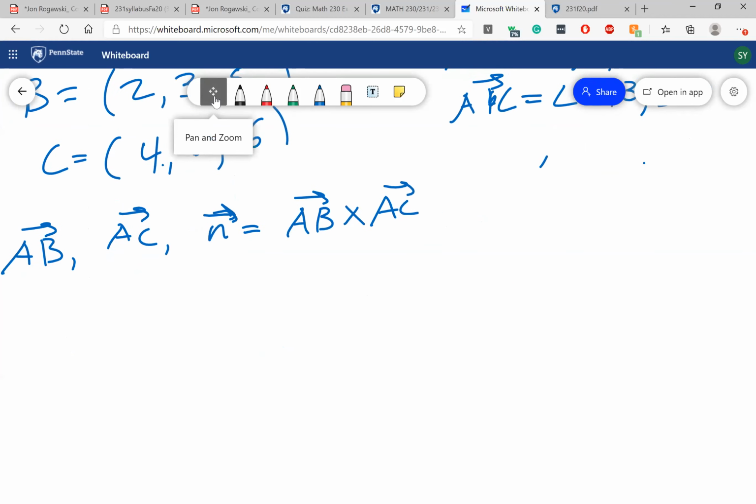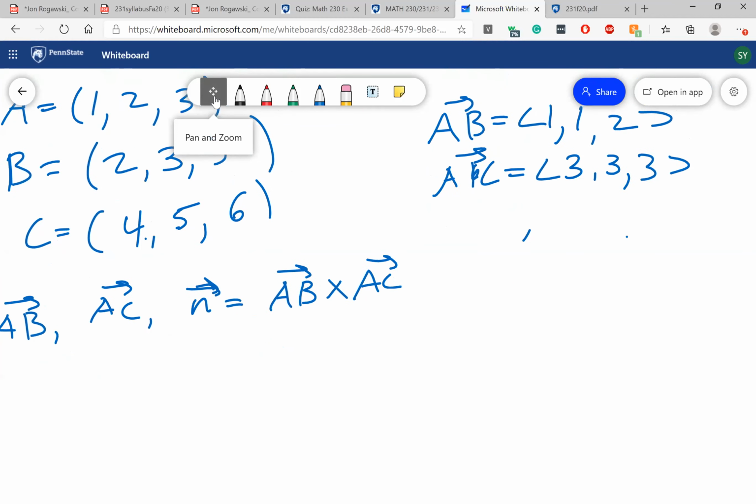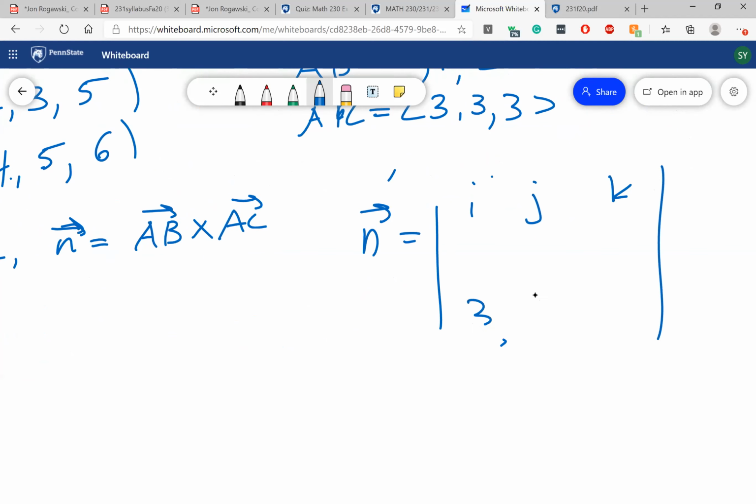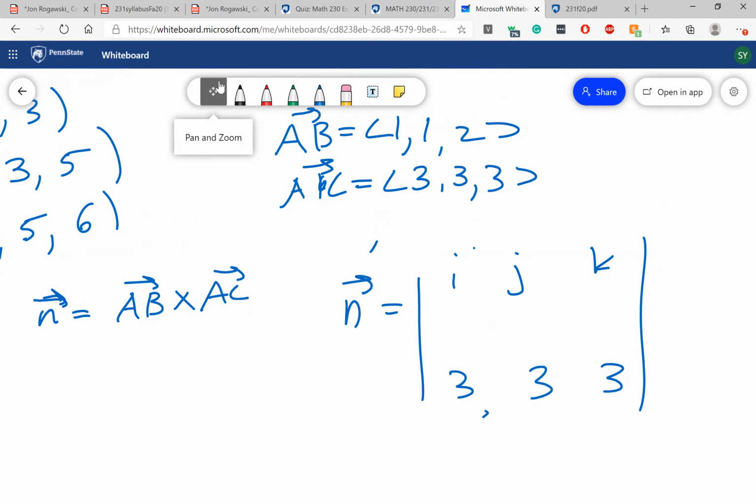Now, the cross product is going to be, so the normal vector is equal to i, j, k, 3, 3, 3, and 1, 1, 2.